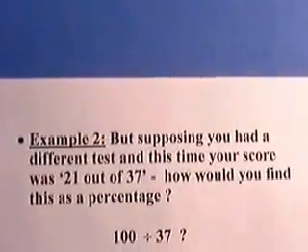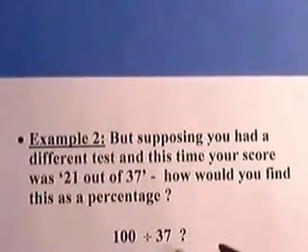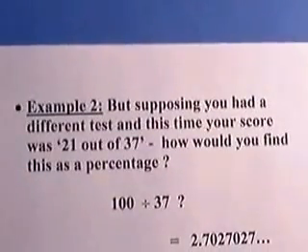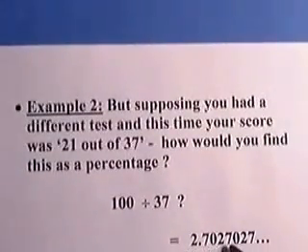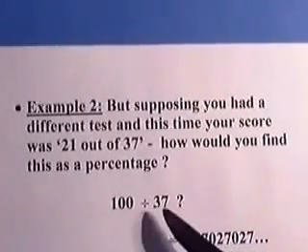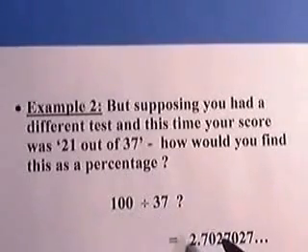So what you have to do is divide 37 into 100, using a calculator, and the answer you'll get is 2.702702.7, and it repeats. In other words, if you multiply that number by 37, you will get 100.